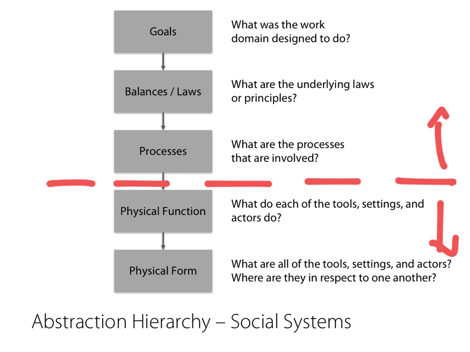And so instead of functional purpose, we're just looking at goals. Again, we have the same words here to describe them, but maybe a different label is appropriate. So we think about goals. What are the goals of that system? What are the balances and laws? And with this, I like to think about what are the things that we want to transform, and what are the things that we want to stay in relative homeostasis?